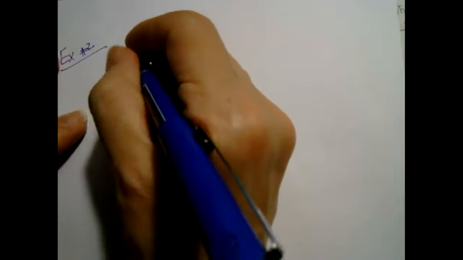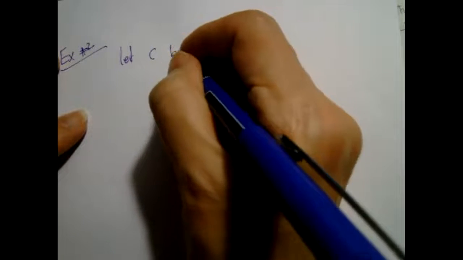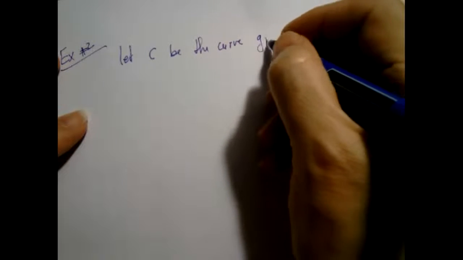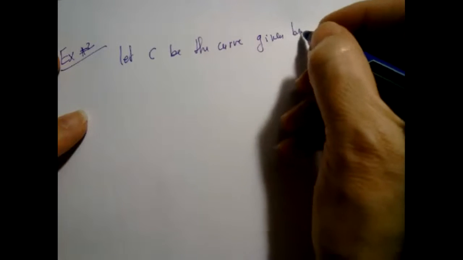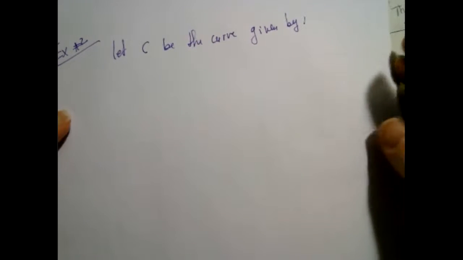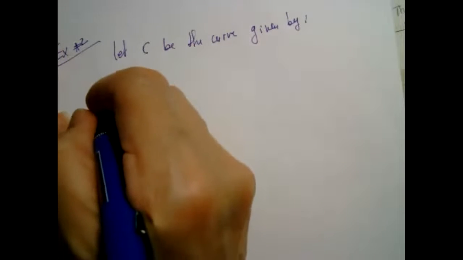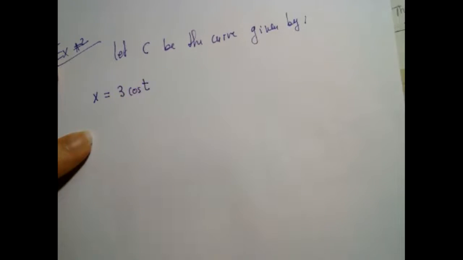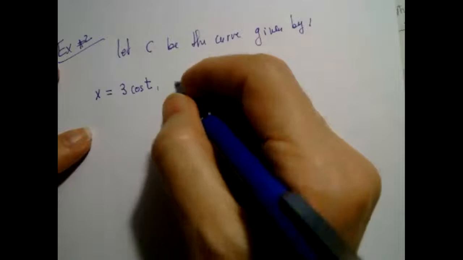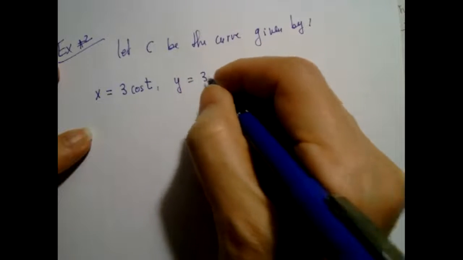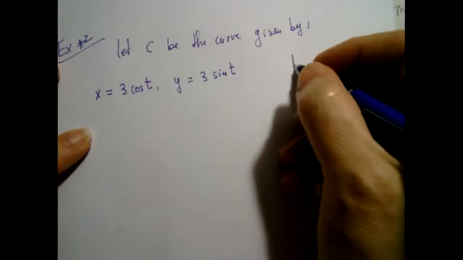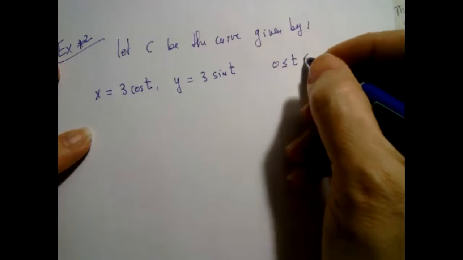So example number 2, let me take the curve C given by x equals 3 cosine t, y equals 3 sine t, where t is between 0 and 2 pi.